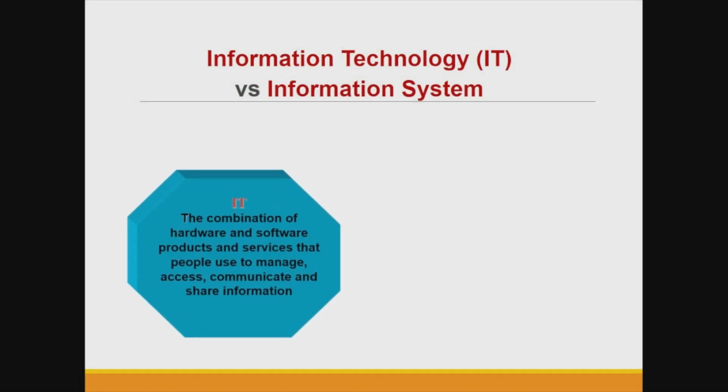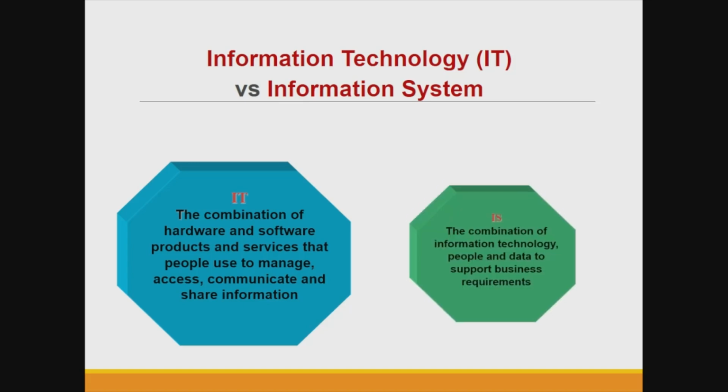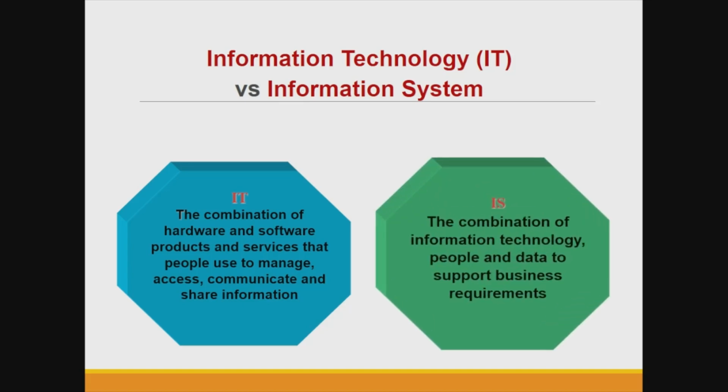At the first part, we want everyone to know how to differentiate between information technology and information system. What is the definition of information technology, IT, and what is the definition of IS? What is the difference? Is it similar or not? Look at IT first.